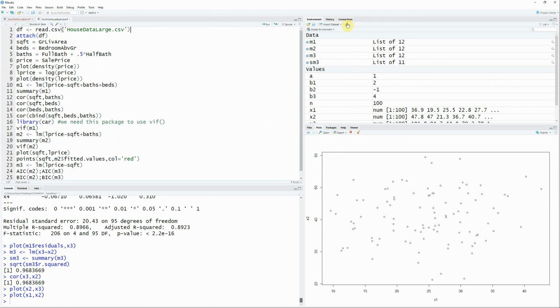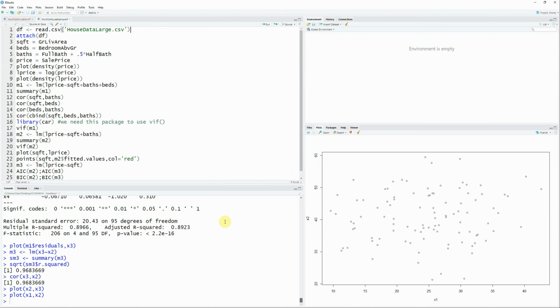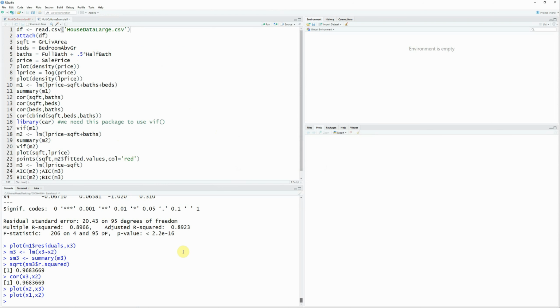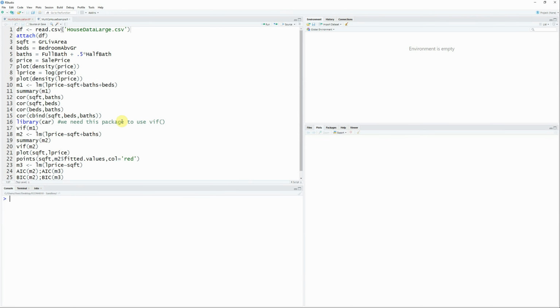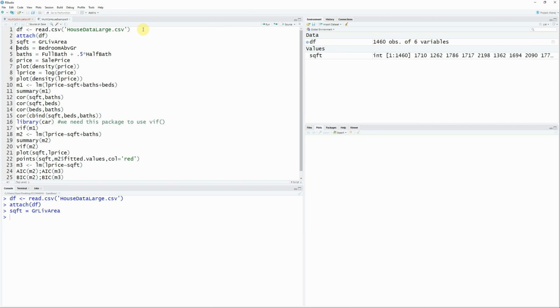We're going to clean stuff up from the history of our simulation. Let's clean these plots as well, and clean up our log. So we read the data set, and use attach to create the variable names in the background. There's GrLivArea, which has the total square footage of the house, and beds, the number of bedrooms.